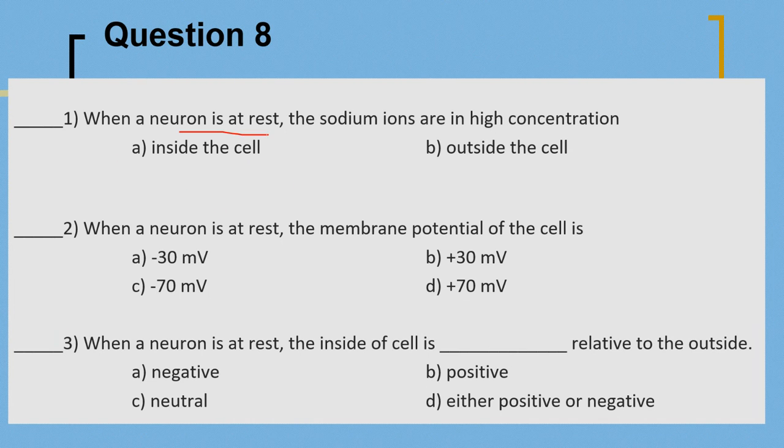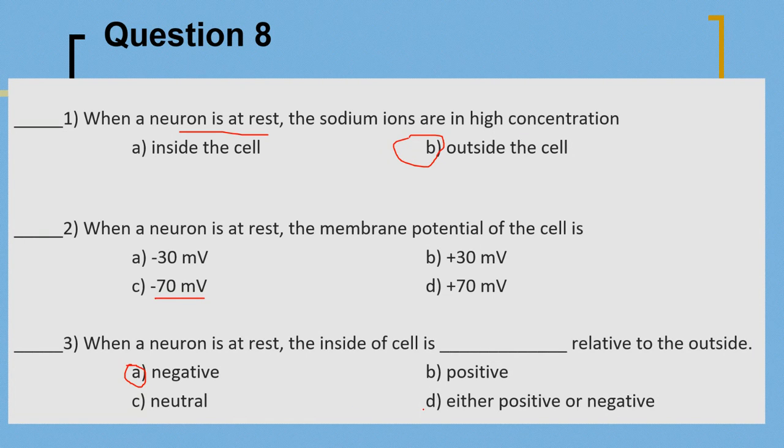Number 1: when a neuron is at rest, the sodium ions are in high concentration outside the cell, so that would be B. Number 2: when a neuron is at rest, the membrane potential of the cell is minus 70 millivolts.